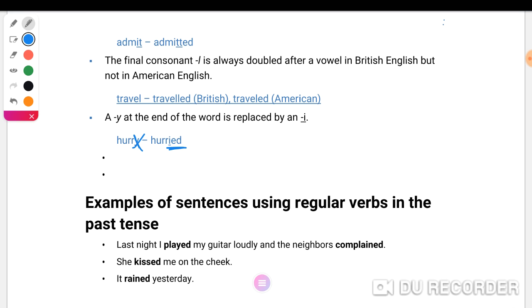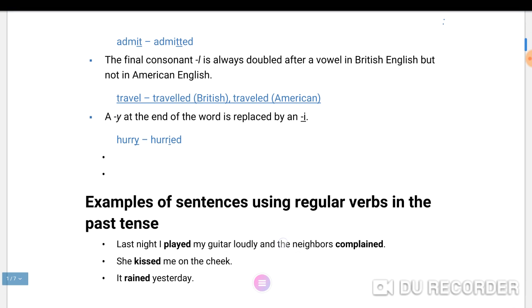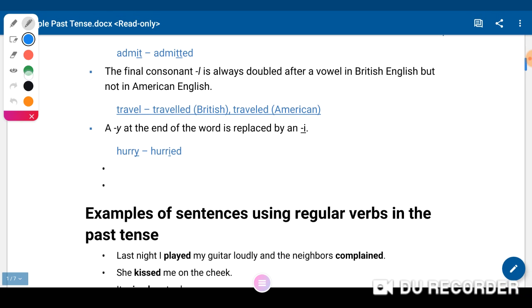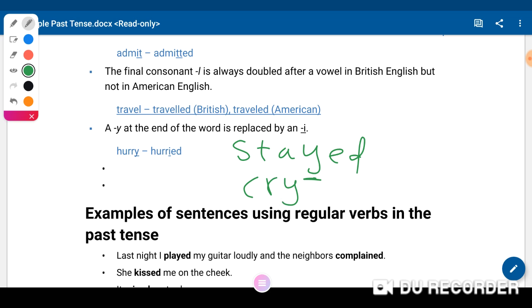In such a case, I will keep it the same and put ed, like the verb stay. Let me show you. Stay. So here I can't cross the y, so I will add ed. But in cry, no, I will cross the y and put ied. Okay?